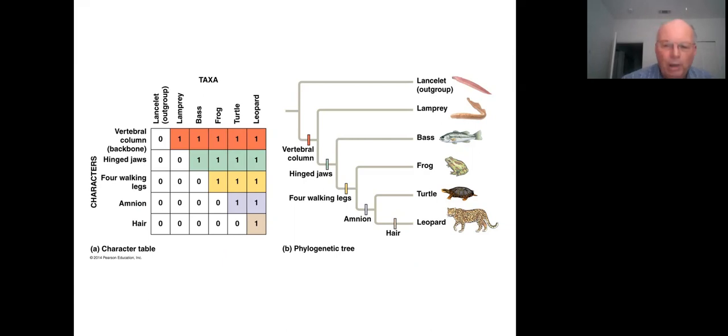What I'm also going to do as we go through this is show you how we redefine the branch points as we do cladistic analysis versus what we used to do with taxonomy. So this is looking at vertebrates. It is defining the clade vertebrates.